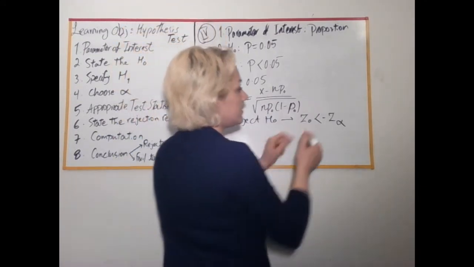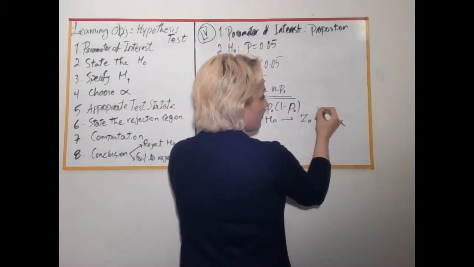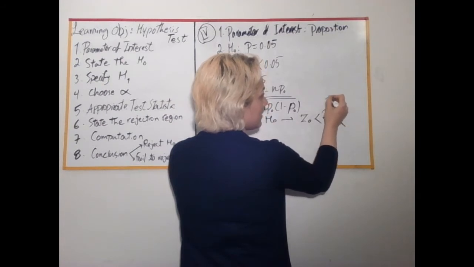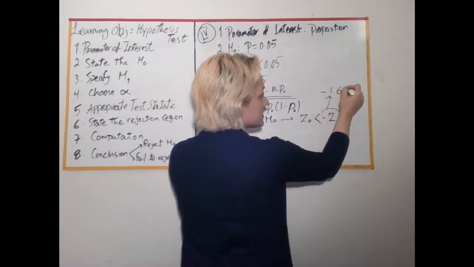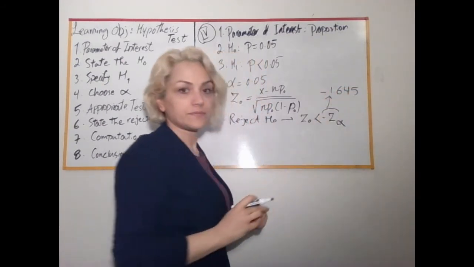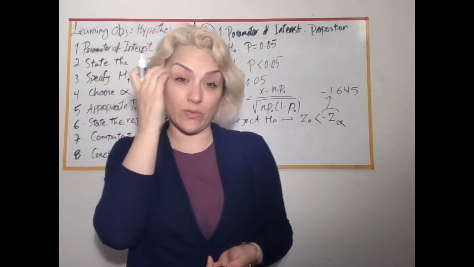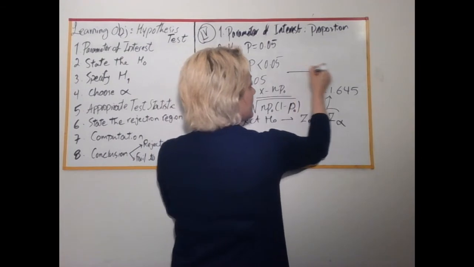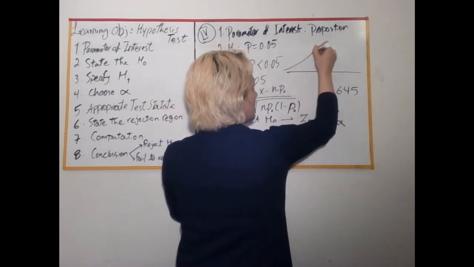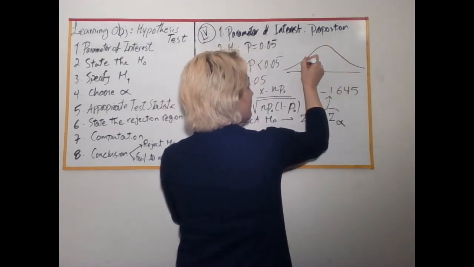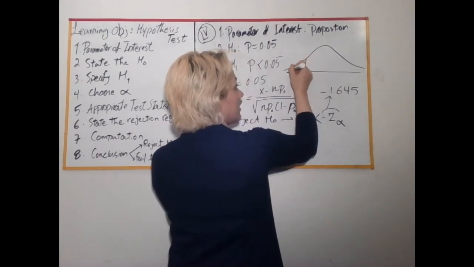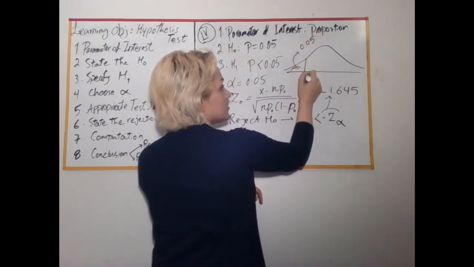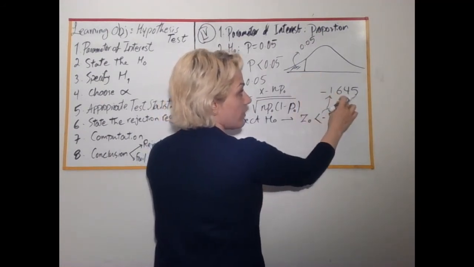So this value is going to be minus 1.645, because we are working with the negative side, right? If you look at it here, you have your alpha of 5% here, and this is your Z null, which is equal to 1.